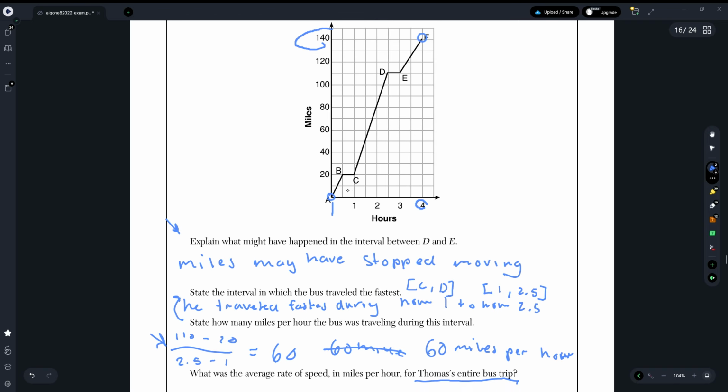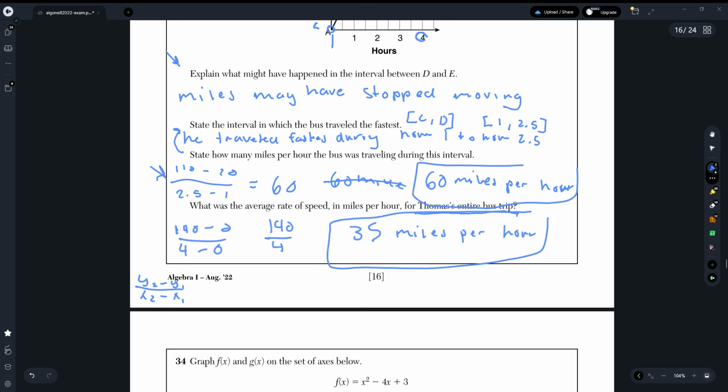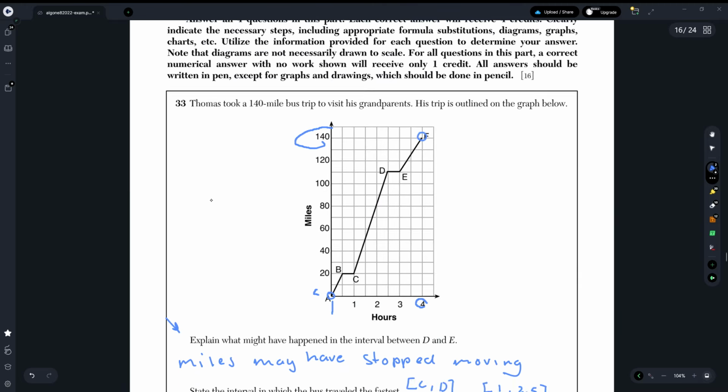So now we have 140 over 4, right? If we calculate that, we get 35 miles per hour. And just remember to add your units. And that's it. That's how you would do number 33.